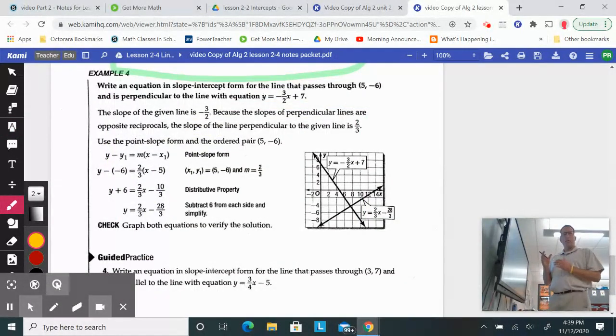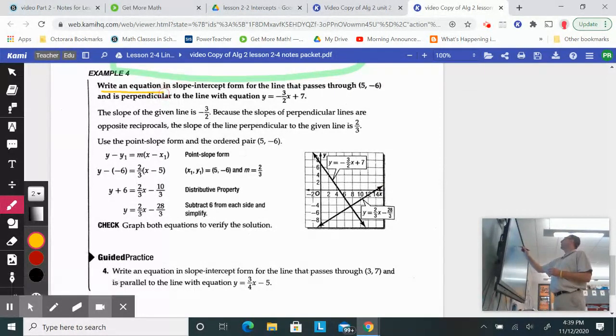In example 4, it asks us to write an equation in slope-intercept form for a line that goes through the point (5, -6), so we know one ordered pair, and it's perpendicular to another line that has this equation. So we know one of the points and we know the slope.